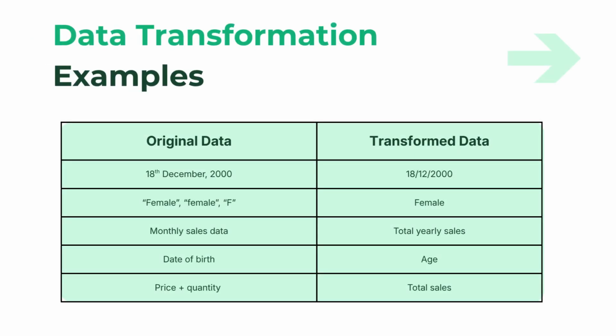Once cleaning is done, we often move into data transformation, changing data into a format that's easier for human analysis. For example, turning the 18th of December 2000 into 18-12-2000, standardizing "female" with a capital F, "female" with a lowercase f, and a capital letter F into just "female" with a capital F. Converting monthly sales data into total yearly sales, turning a date of birth into an age, or combining price and quantity into total sales.